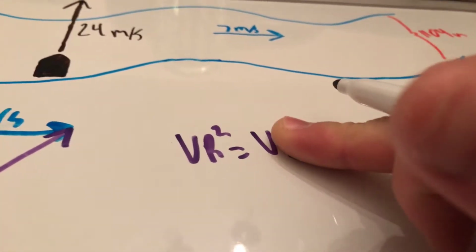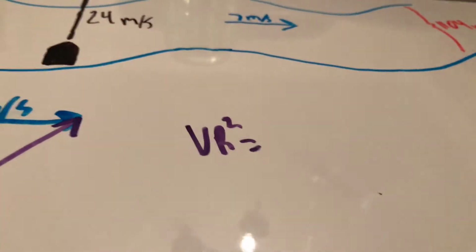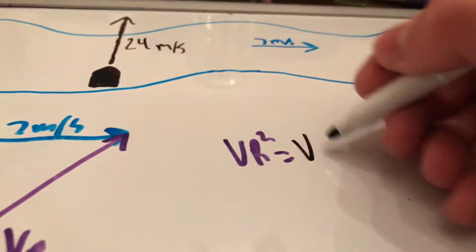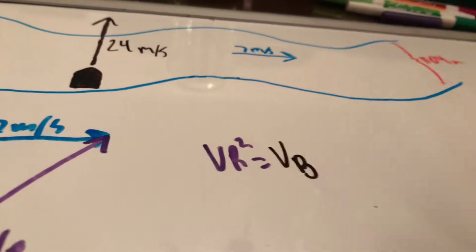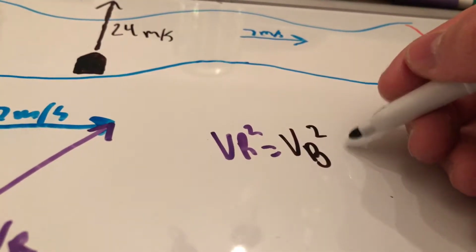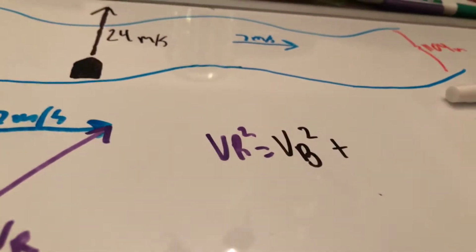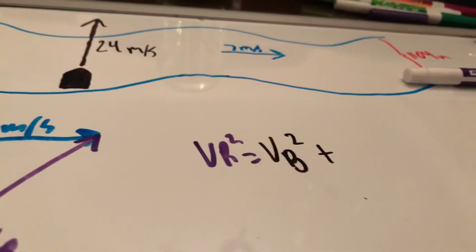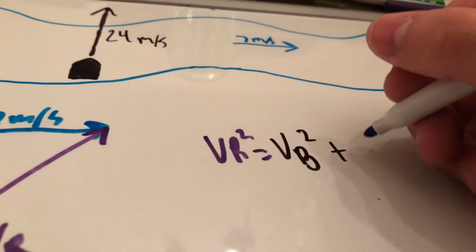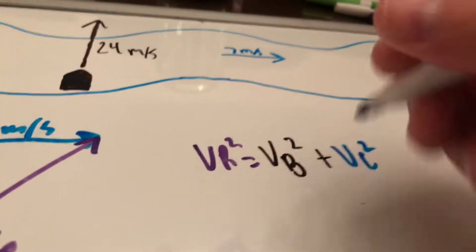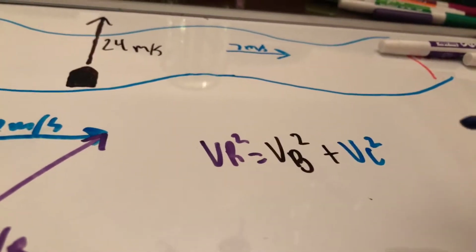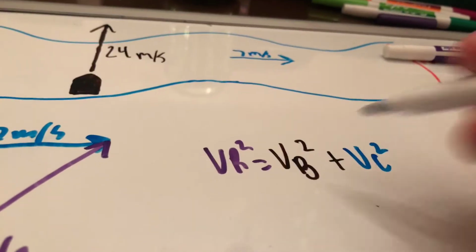So VR squared is equal to the velocity of the boat squared plus the velocity of the current squared. So once again, this is just the Pythagorean theorem, and plugging in numbers.